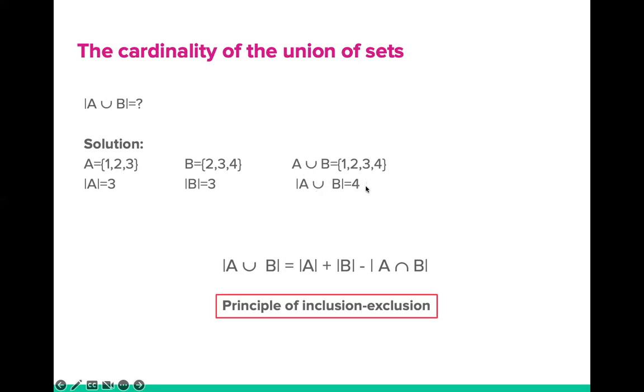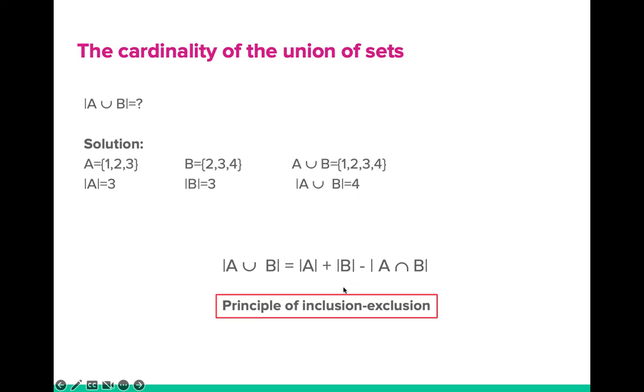So why is it 4? We are essentially taking the elements from A, the elements from B, and subtracting the number of elements that are in both A and B. So this is the principle of inclusion-exclusion, right? What is the cardinality of A? 3. Cardinality of B, 3.